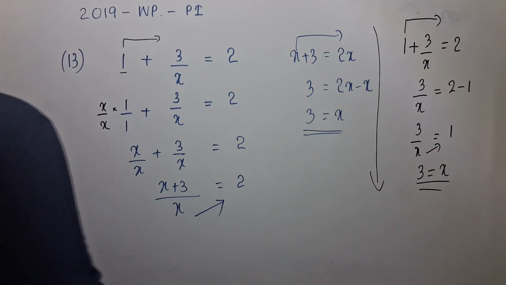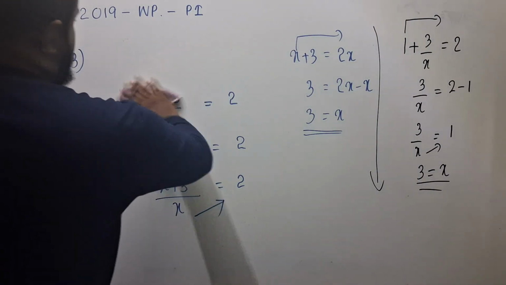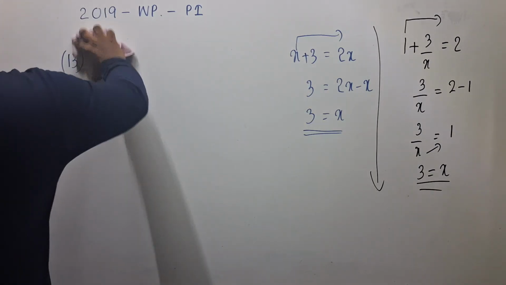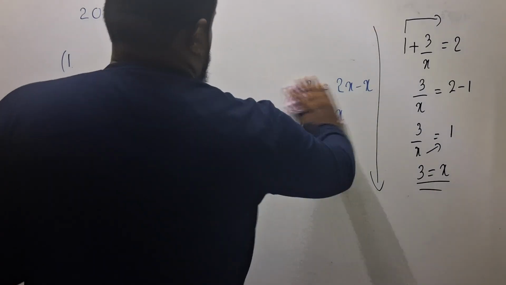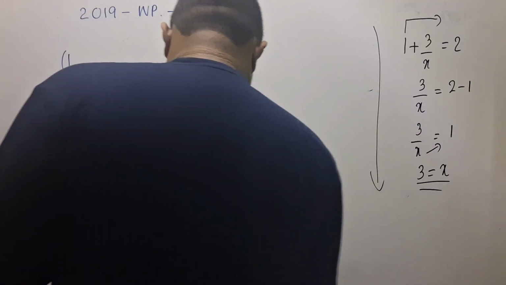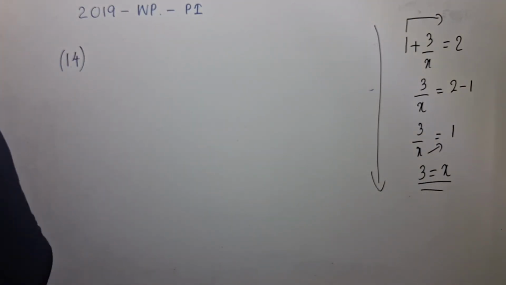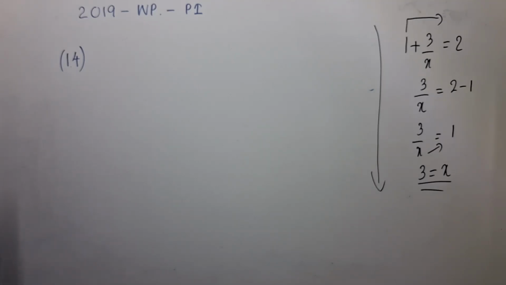Next question. Question 14. In a triangle PQR, PQ is equal to PR.